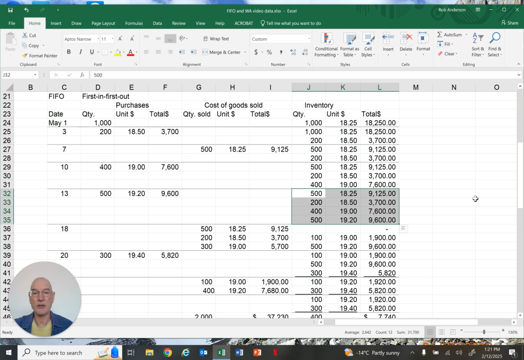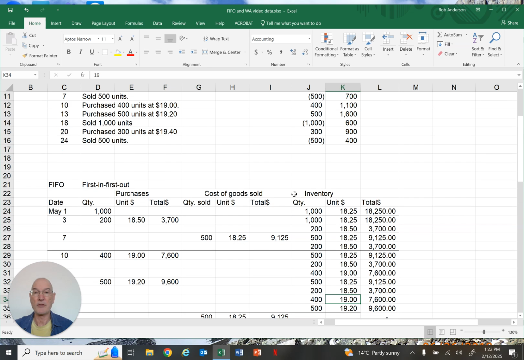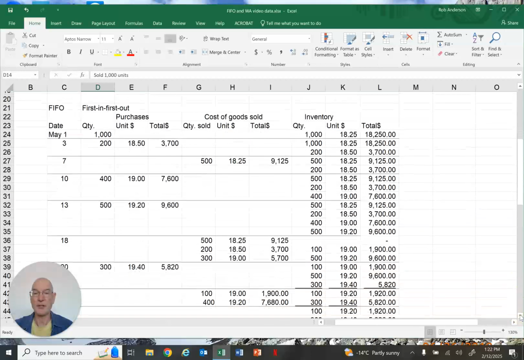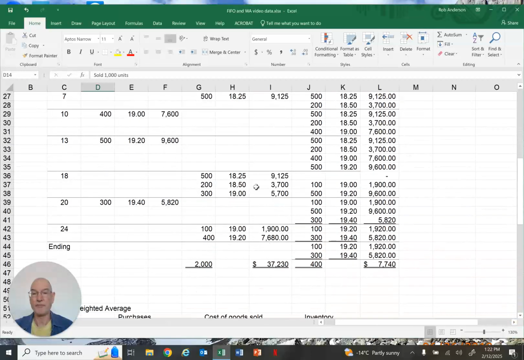When we sell them, you have to use the $18.25 cost items first, followed by the $18.50, followed by the $19. So we attribute cost, oldest cost first. Now, the transaction is sold 1,000 units. So when we sell 1,000 units, I'd like to show you that we don't just write 1,000.